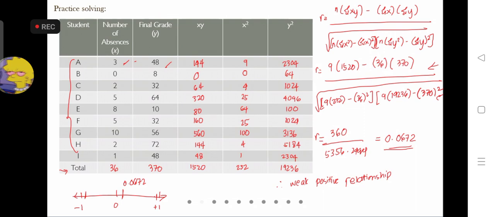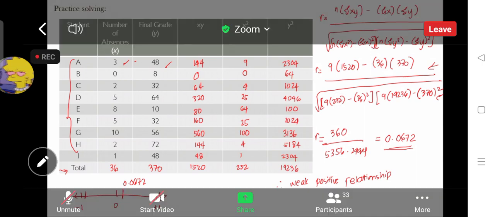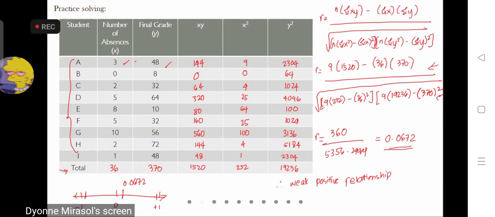Okay, there may be instances nga ambiguous ang inyong makuha nga correlation coefficient, and then you will not be sure if you can directly, explicitly say there is a relationship or if there is no relationship. So to further identify if there is a relationship, mag hypothesis testing. Any questions?